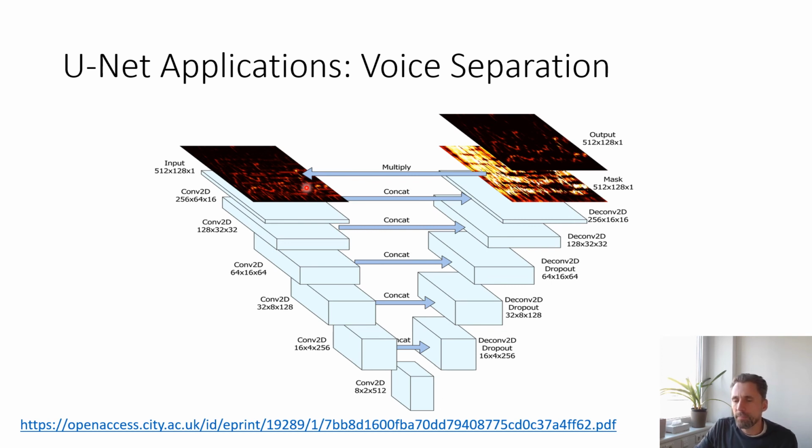So audio can be represented as so-called spectrograms, which is a function over 2 dimensions. One is time, obviously, and the second is frequency. So it's like the spectrum over time, okay? And these images then can be processed in such a way that you can separate different voices, and in this paper UNet was used.